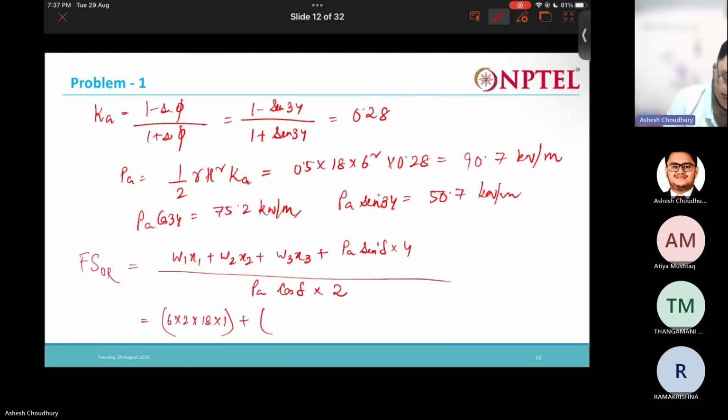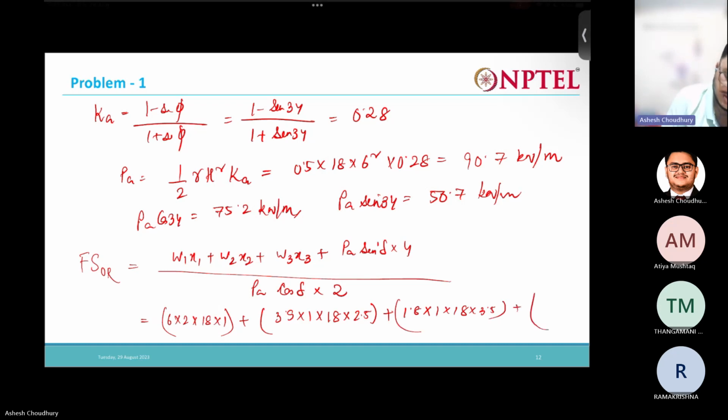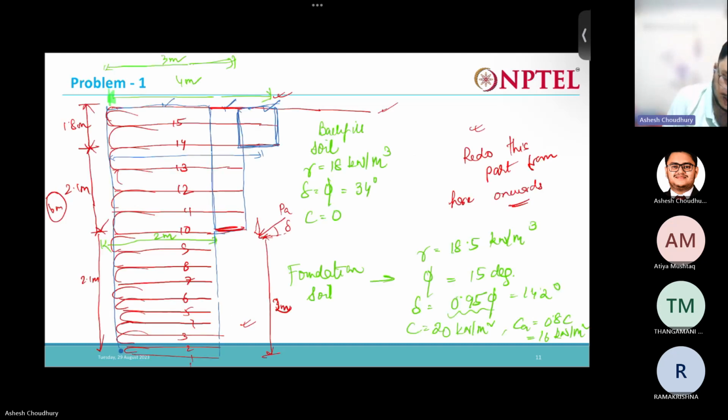So 3.9 into 1 into 18 into the lever arm 2.5. Same for W3, 1.88 into 1 into 18 into 3. And PA, which you already determined, 50.7 into 4. This will be acting here, from here to here it's 4 meters.